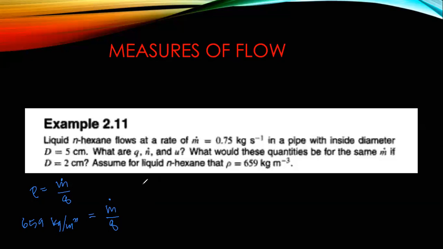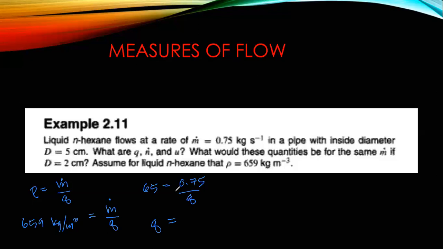When you cross multiply, Q would be equal to 0.75 divided by 659.